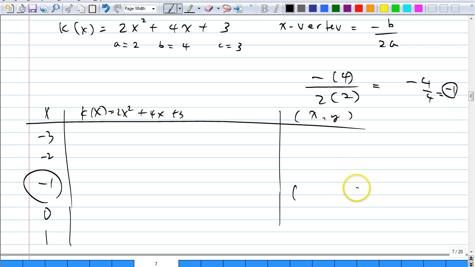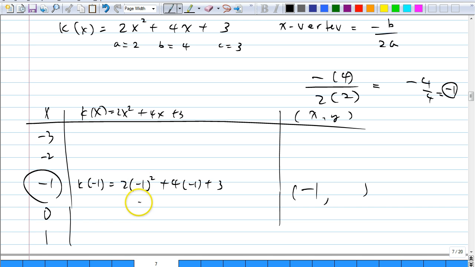Now, how do you find the vertex? Because they're going to ask you to find the vertex. What's going to be negative 1 times what is going to be your y value? How do you know the y value? You plug it back in. So you're basically looking for k of negative 1, right? So it's 2 times negative 1 squared plus 4 times negative 1 plus 3, right, guys? What does that give you? What's negative 1 squared?